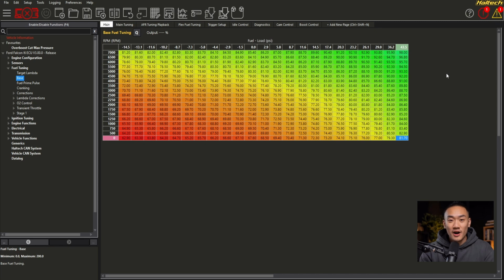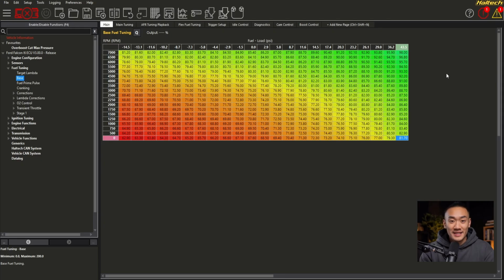Once air mass is known, the ECU then uses lambda targets and the stoichiometric fuel ratio, exactly what we covered in the Lambda video, to calculate how much fuel to inject. So the correct way to think about VE is this. VE answers the question, how much air did the engine actually trap compared to what it theoretically could have?